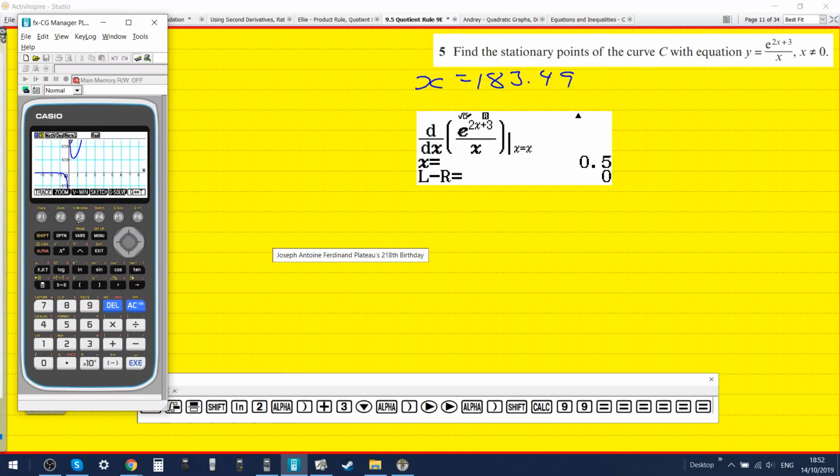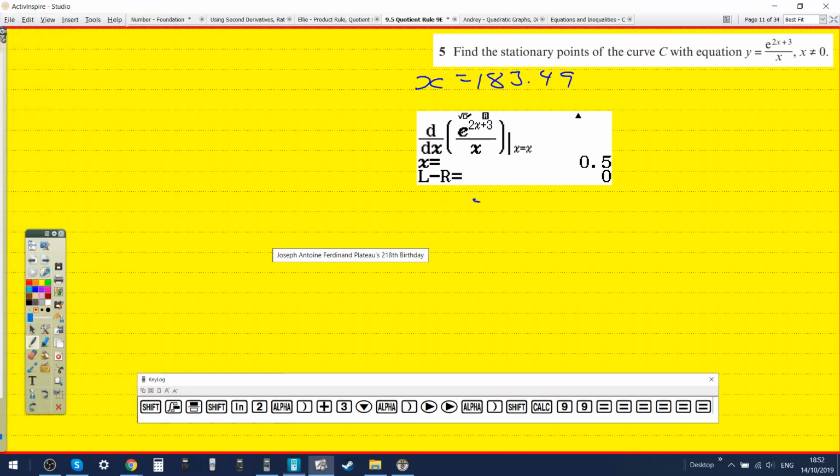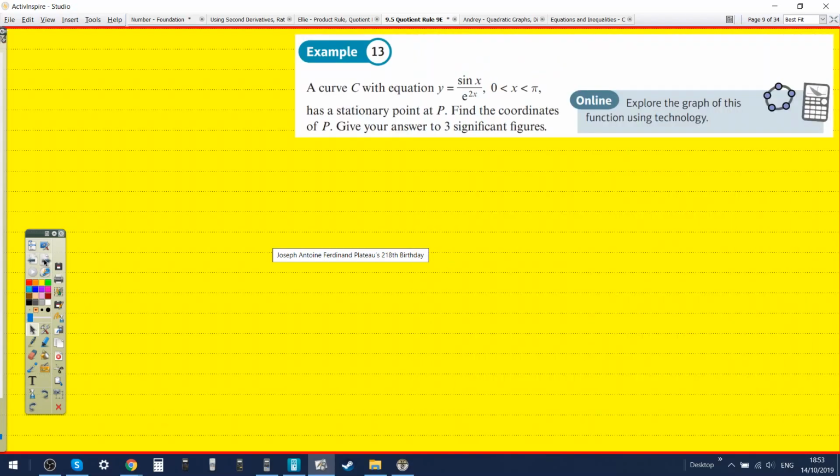So shift, graphical solve, minimum. Did you put it in right? I'm getting x is 0.5, y is 109.